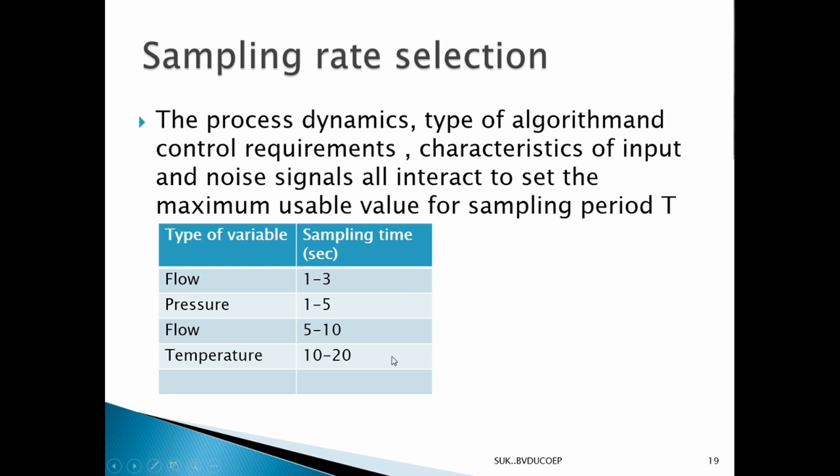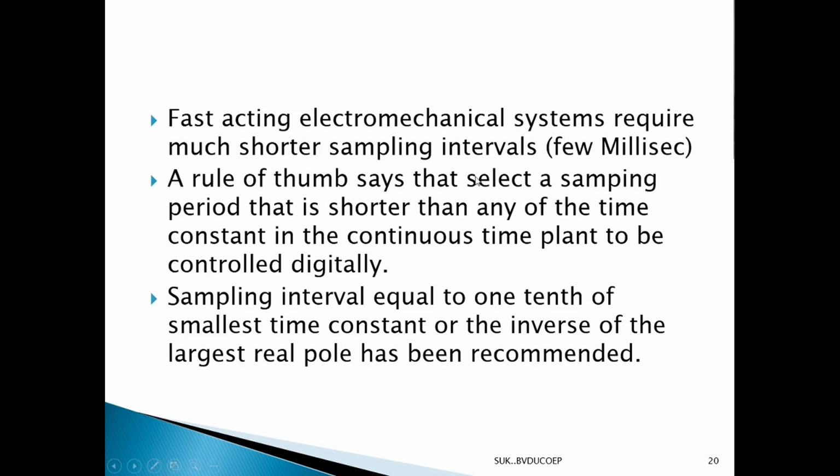It is a first order system, so you can have a longer sampling time, 10 to 20 seconds. More sampling time means lower frequency, and less sampling time means higher frequency. Fast acting electromechanical systems require a very short sampling interval, of the order of milliseconds.